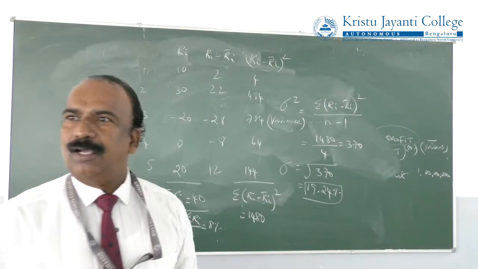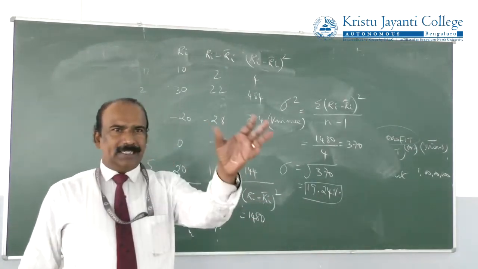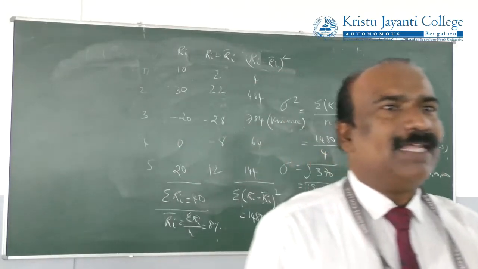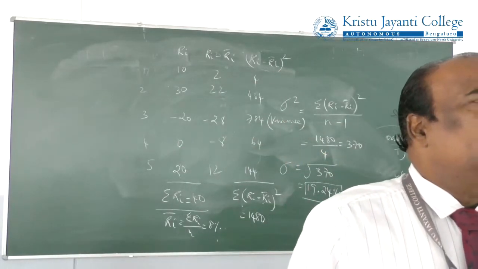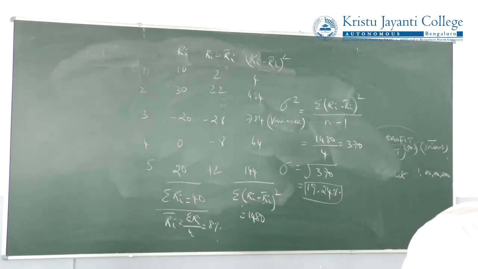Okay? If you want to calculate for 1 year, how many days of prices do you have in a month? In a week, how many days? 5 days, Monday to Friday. Saturday and Sunday the market is closed.